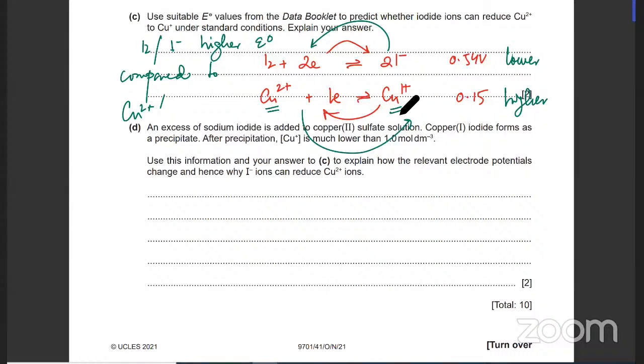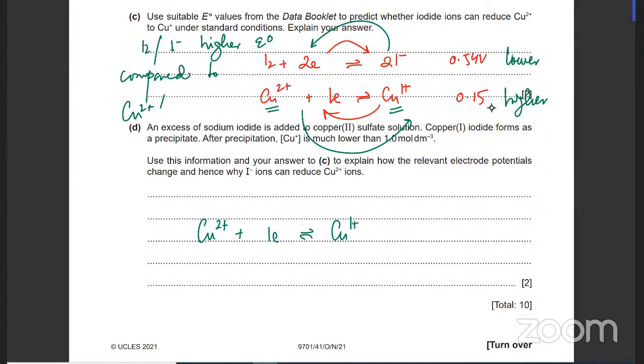So if copper 1 is much lower, the equilibrium would shift forward. If it shifts forward, what will happen to the potential? It's going to be higher. It's going to be a lot higher. So why is it going to be higher? Can you repeat, right? One thing to remember: whenever there is any reaction, let's do this one.